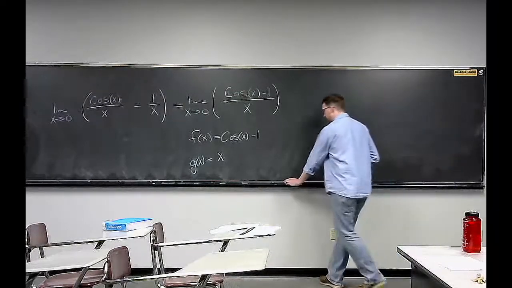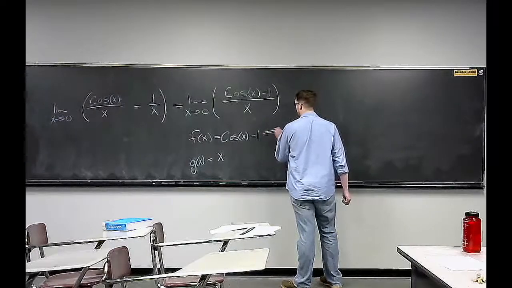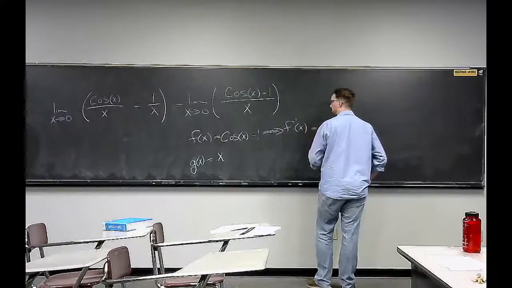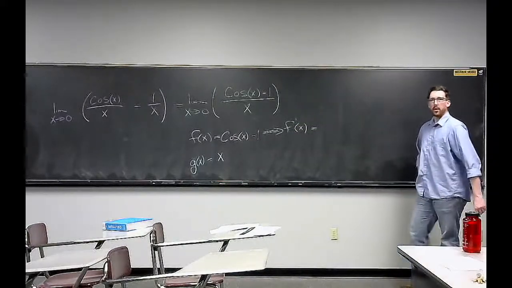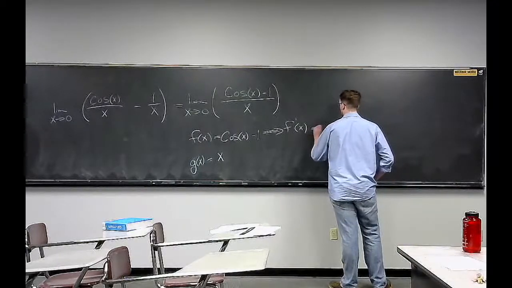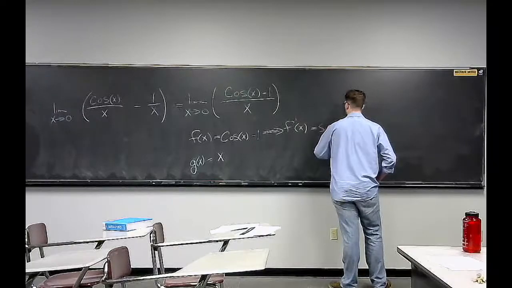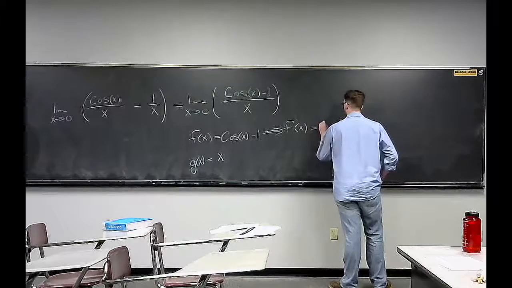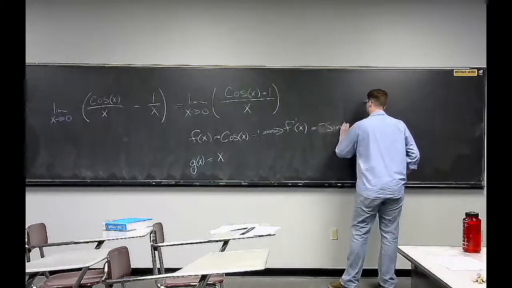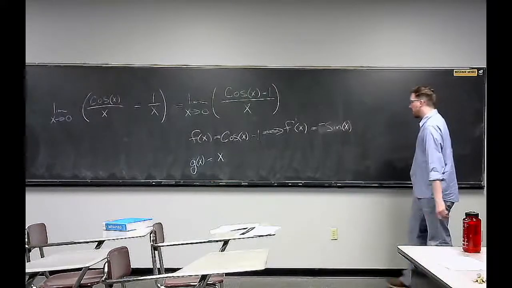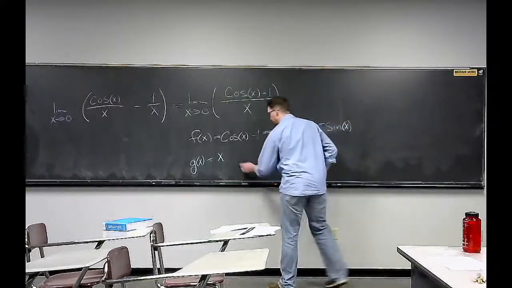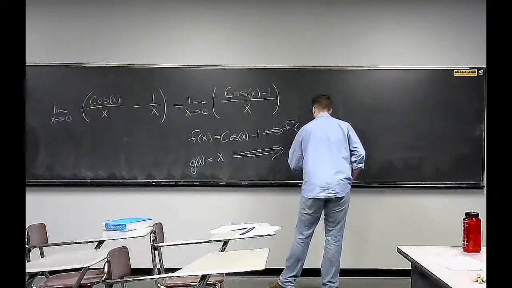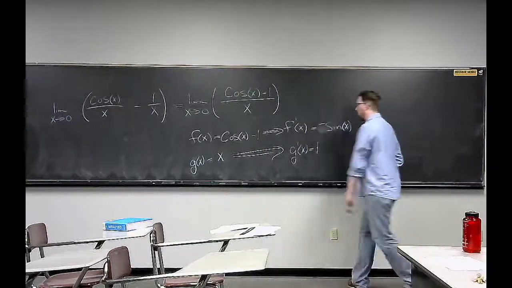Well, in that case, our derivative of f of x, so f prime of x, is equal to just sine of x, right? My mistake, negative sine of x. And the derivative of g of x, so g prime of x, that's just going to be equal to 1.